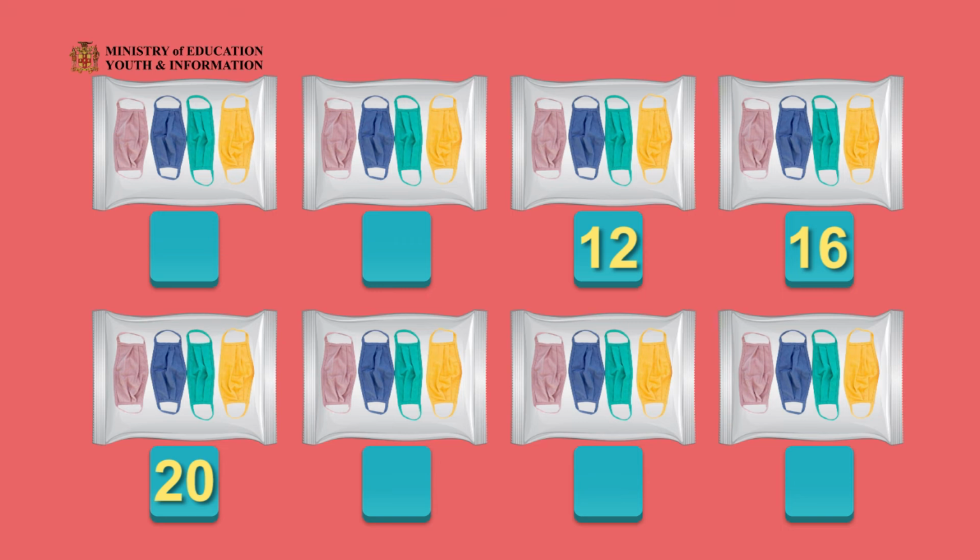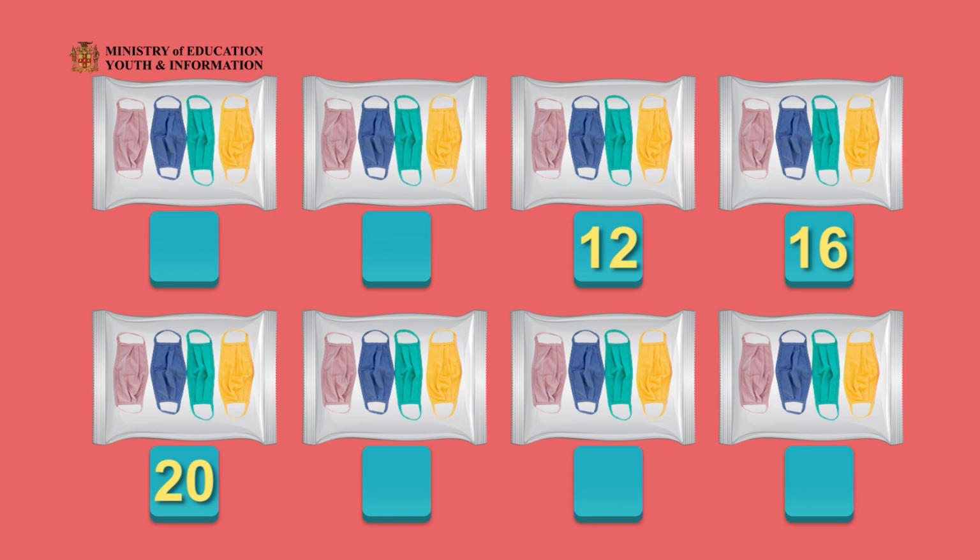Great job, boys and girls. If you said there are 4 masks in each set because you noticed we were skip counting by 4, you are correct. Now, can you tell what are the missing numbers for the packages without numbers? Excellent, boys and girls.